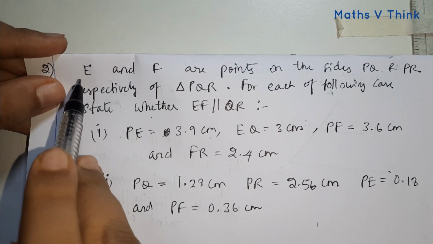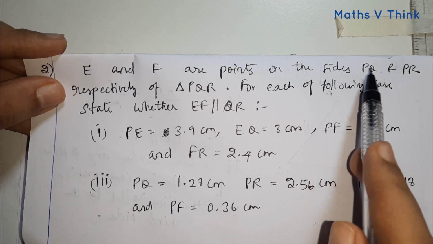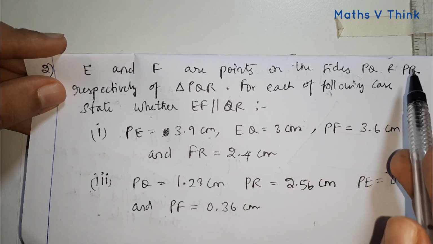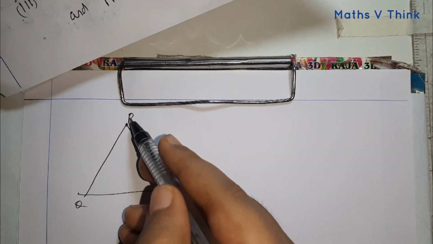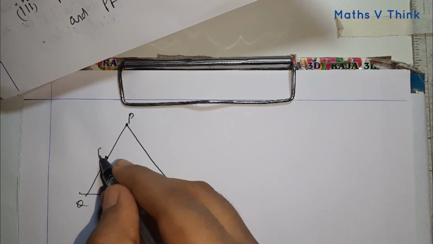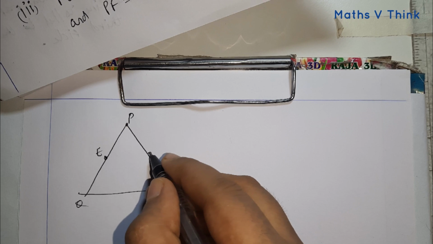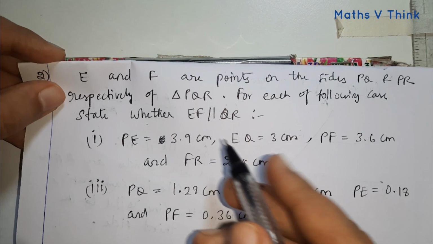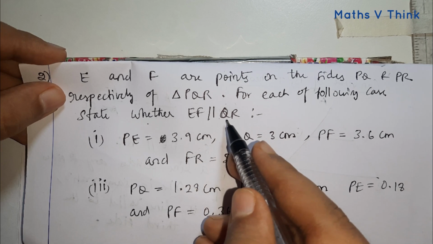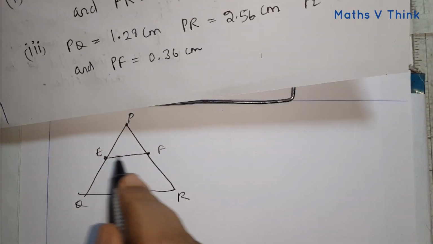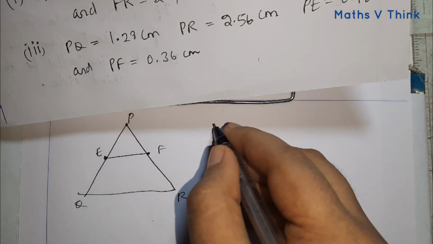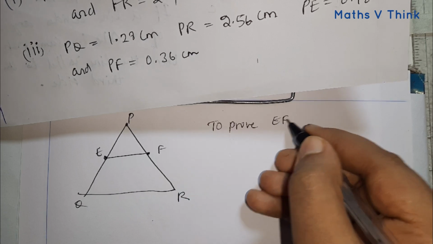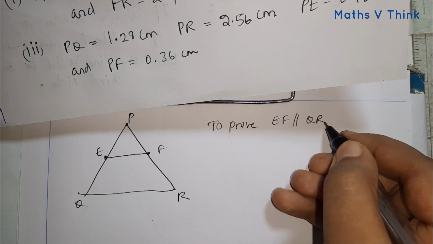They told E and F are the points on PQ and PR. So on PQ, E is the point, and on PR, it is F. So join these both. Then we need to show, that is to prove, EF is parallel to QR.